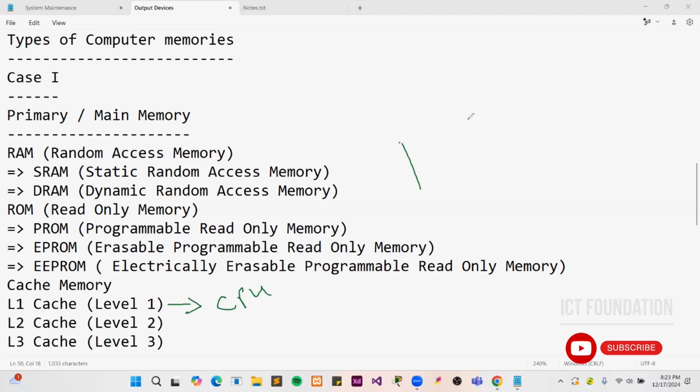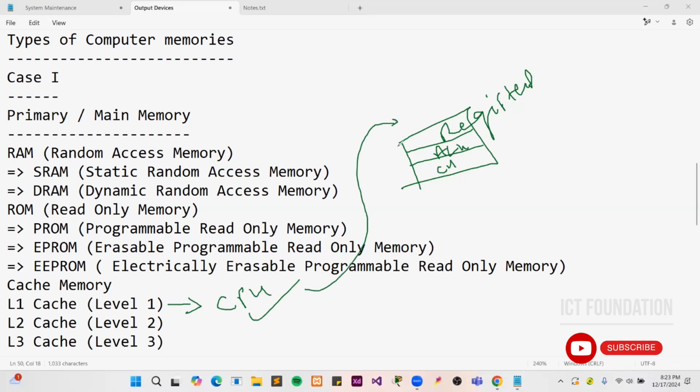Generally, within the CPU we have three parts. The first one is called CU, the second one ALU, and the third one registers, the memory registers. These are the components within the CPU. Now we are explaining that the L1 cache is also within the CPU.